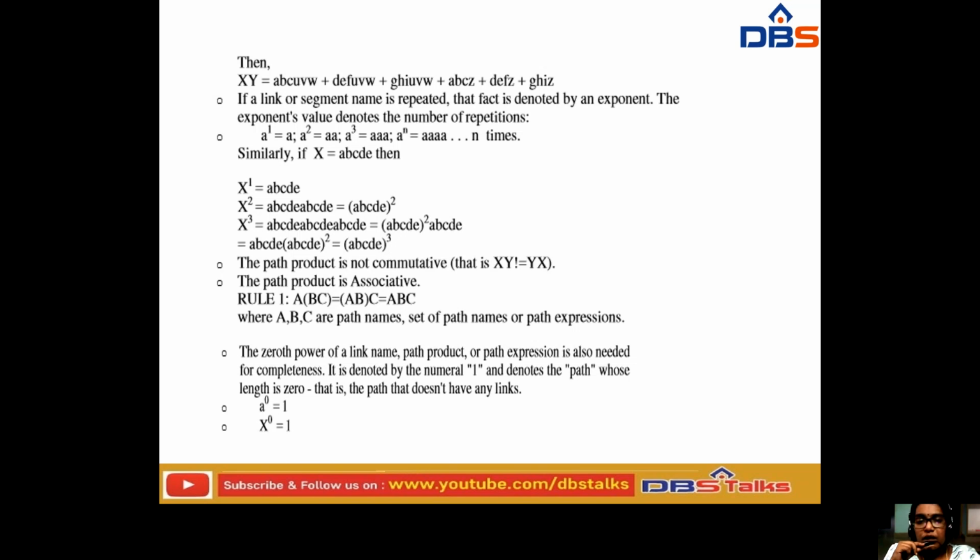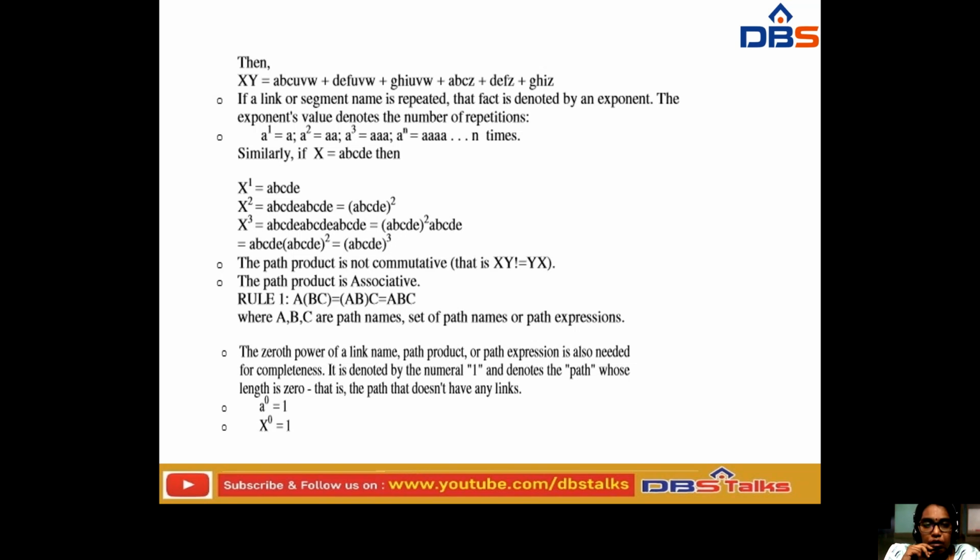Similarly, if x is equal to abcde, then x to the power 1 is equal to abcde, x squared is equal to abcdeabcde, that is abcde whole squared, and x cubed is equal to abcdeabcdeabcde. From this we can write (abcde) squared into abcde, or abcde into (abcde) squared, or we can write (abcde) cubed.